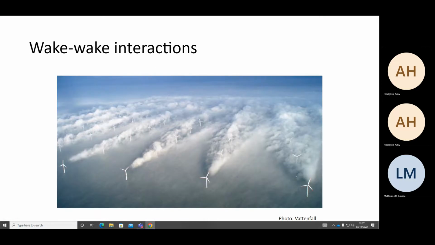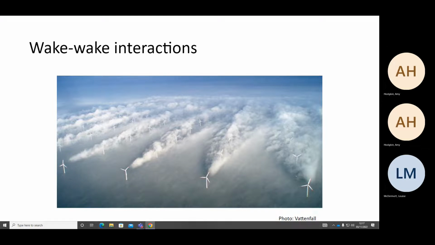Wind turbines are obviously often put together in farms. So we have massive efficiency losses due to the interactions of their wakes. If a downstream turbine is existing in the wake of an upstream turbine, that upstream turbine has already removed a lot of the energy and power available in the air. So we have reduced efficiency in farms.